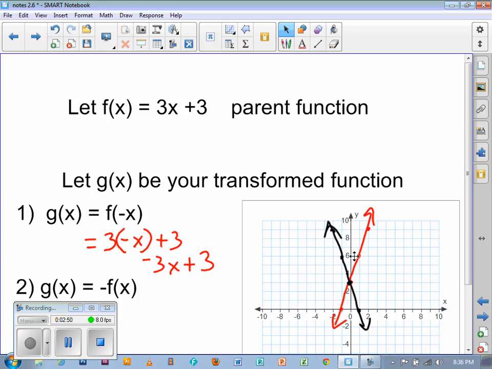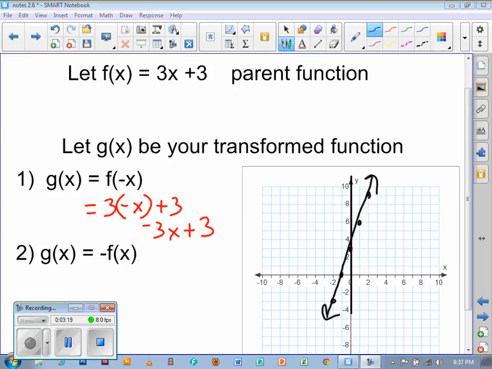A reflection is a mirror image of the red line to the black line over the y-axis. If I would sketch a line right down the middle on the y-axis, it should be a reflection on each side, and you can see that does accomplish that. But that's basically the transformation of reflecting over the y-axis. You replace the x with a negative x and simplify. So it's a very simple topic.